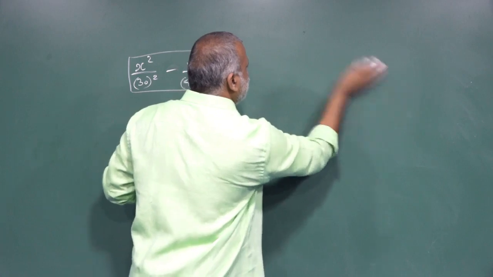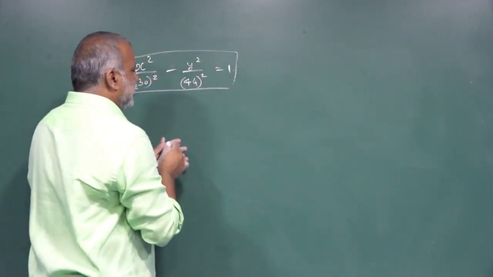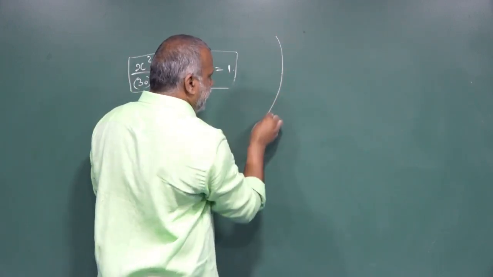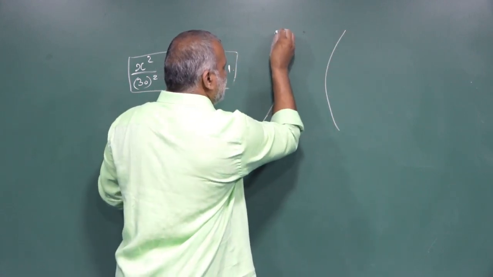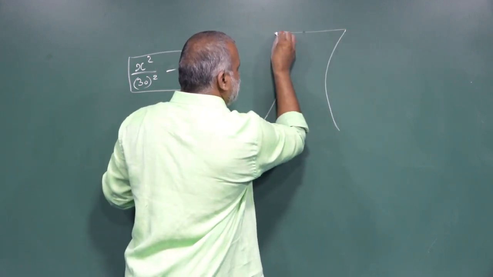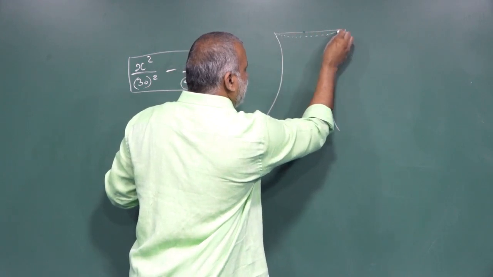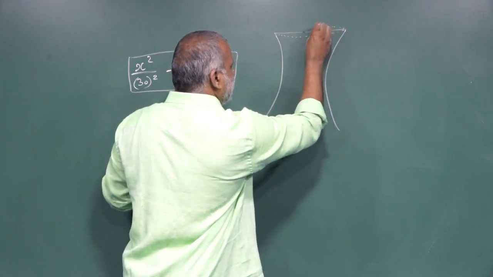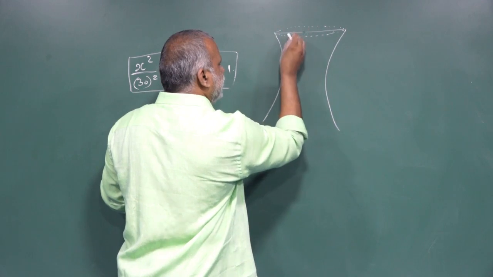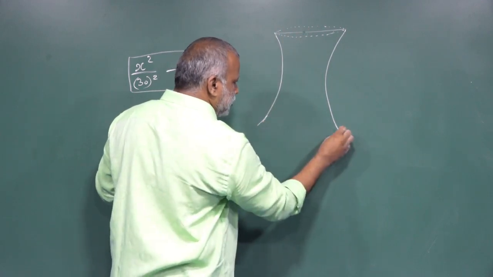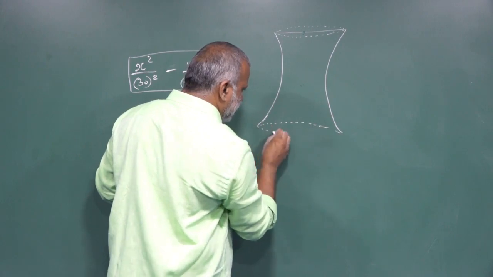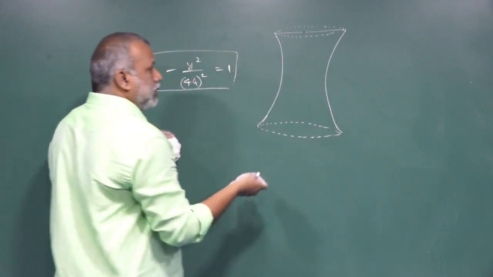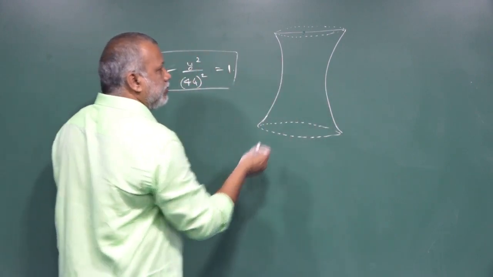I am just drawing a rough diagram. This is the hyperbolic cooling tower. You can refer to the diagram in your book also. So this is the bottom of the tower. It looks like a hyperbolic diagram.